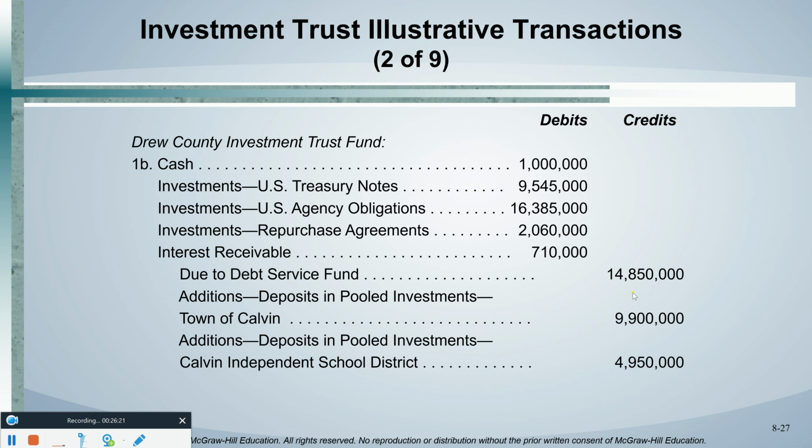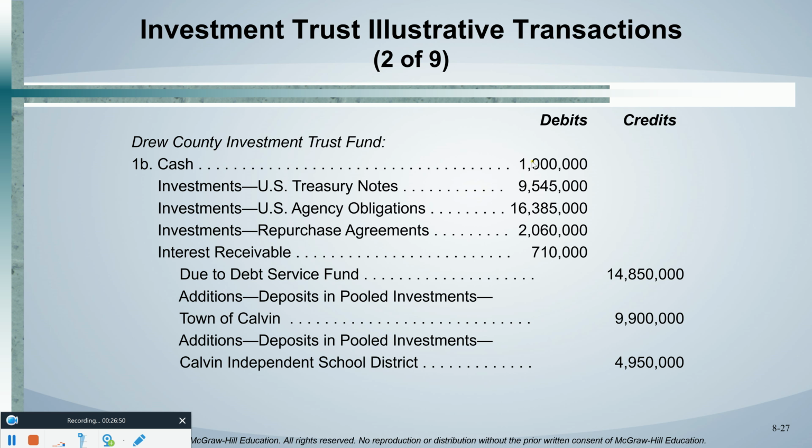Now, the town of Calvin and the Calvin School District, using the same logic I just explained to you with the Drew County, their portfolio balances that are going into the fund are $9.9 million for the town, $4,950,000 for the school district. All right, and all of the investments are going into the portfolio.